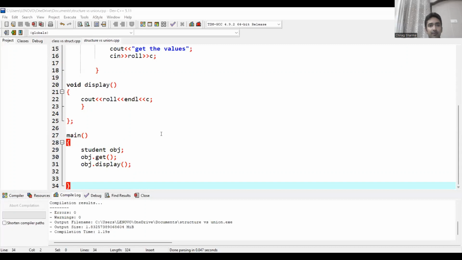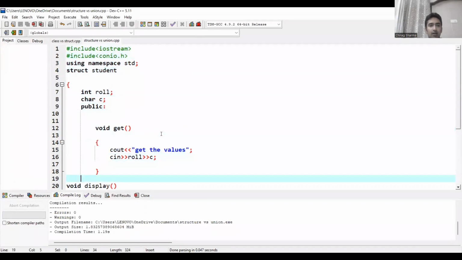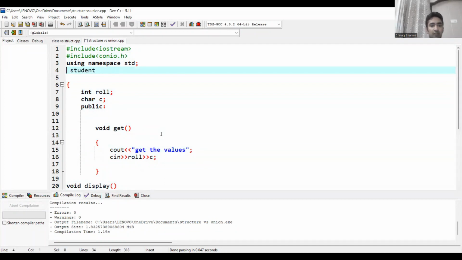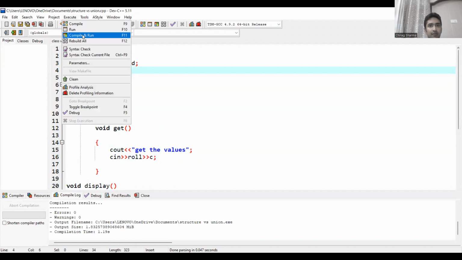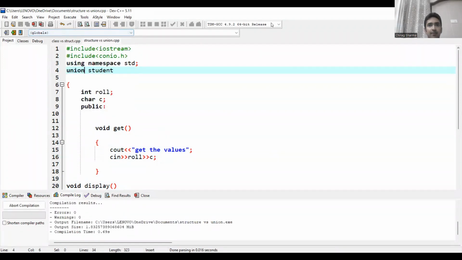Secondly, similarly, if I take the value with union over here, I'm just putting file and run, and see over here.